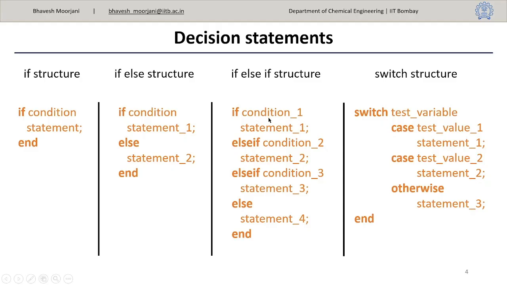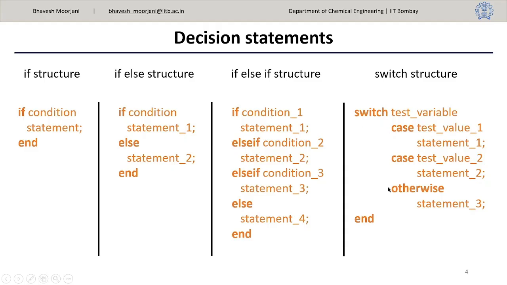If the temperature is in range 1, it will execute statement 1. If not, it will check whether the temperature falls in condition 2. If it does, statement 2 will be executed. If not, it will go to condition 3 and check again. If that doesn't happen either, it will move ahead.